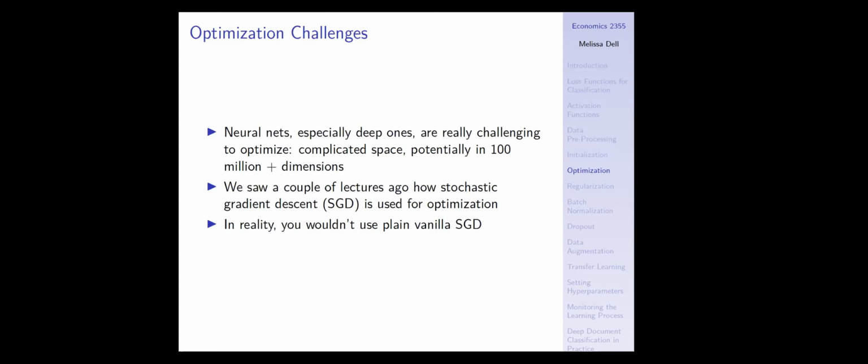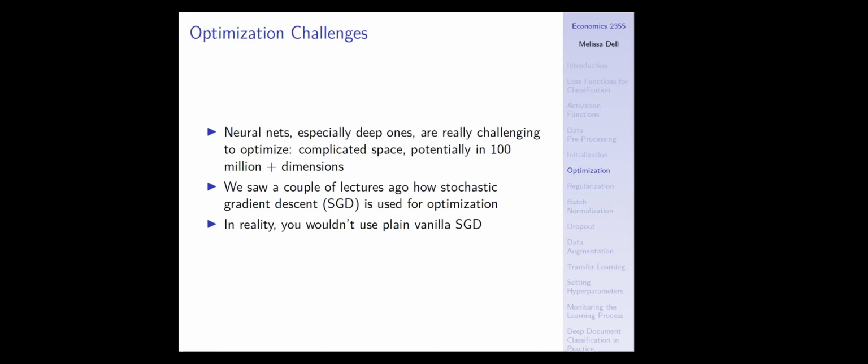And the most challenging thing about them, and one of the reasons people thought that it would never work when the theory was proposed a long time ago, beyond computing constraints, is that this is a really complicated space. How do you optimize a function that has potentially over 100 million dimensions?